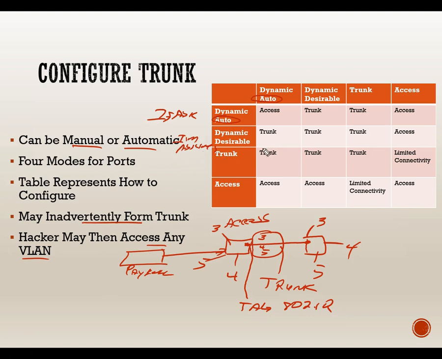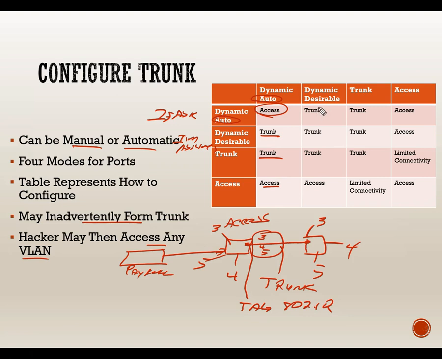So if we have two dynamic autos, we have an access port. Dynamic auto with either a dynamic desirable or a trunk becomes a trunk port. If we have an access port and a dynamic auto, since the access port can't ask it to be a trunk, then it's going to remain an access port.